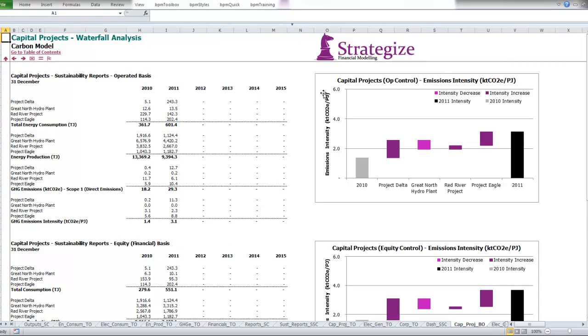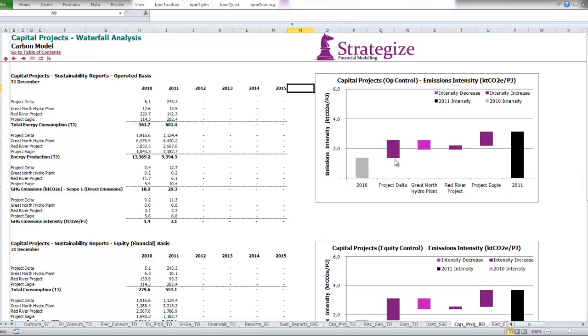Management always want to see something high level, and providing something like this is what they're going to want to see. And also providing some sort of value-added analysis, such as this simple waterfall chart, which helps to conceptualize and, in a very efficient manner, explain why, for example, the capital projects business unit overall intensity has gone up from 2010 to 2011.